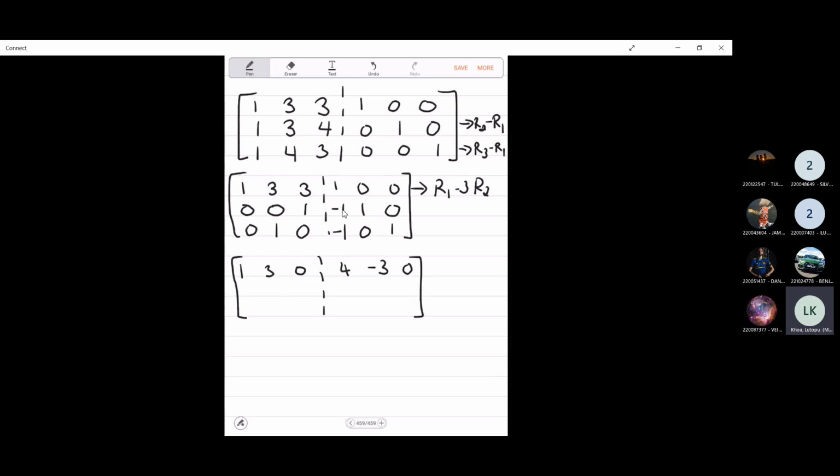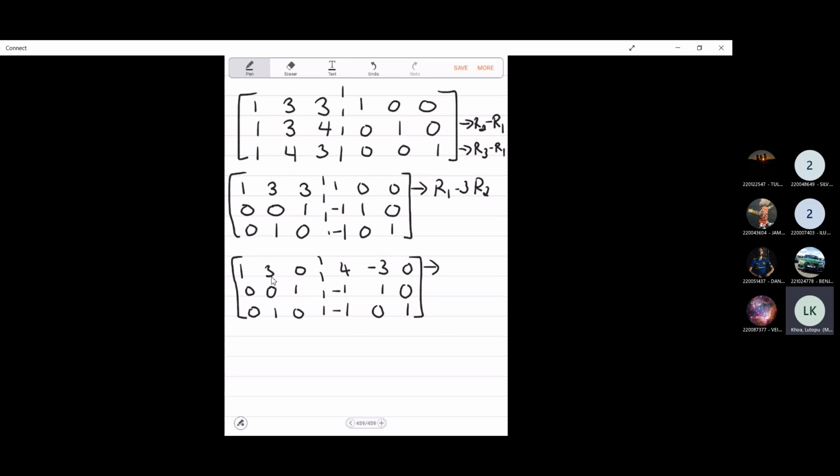Then the second row does not change. Third row also doesn't change. Okay, and then what I do is I want to make this one here a 0, so I multiply this by 3 and then subtract.